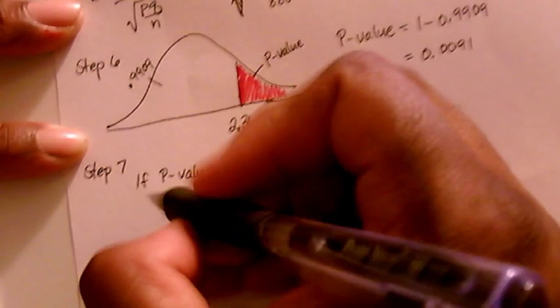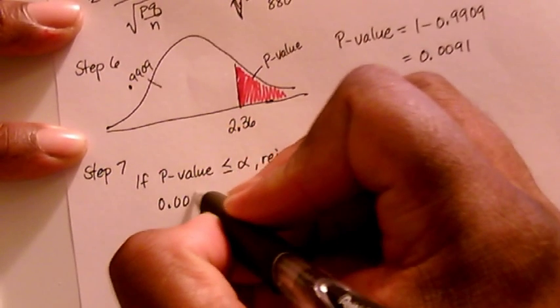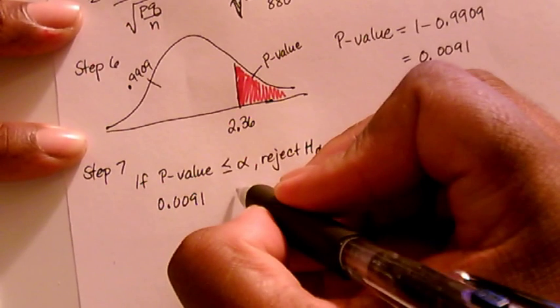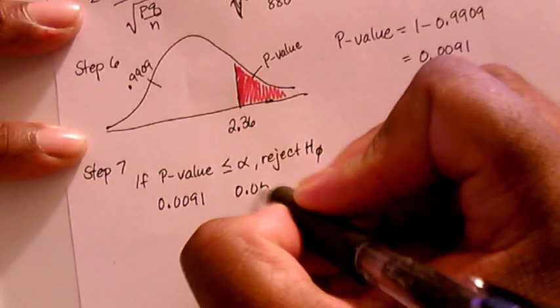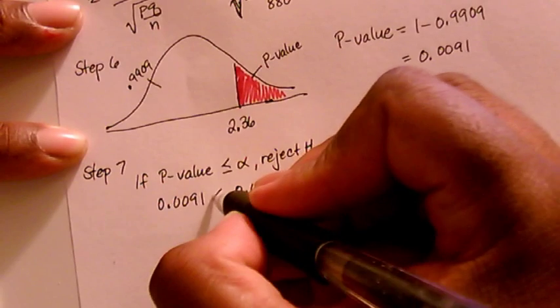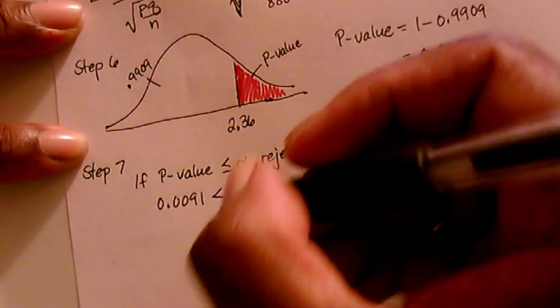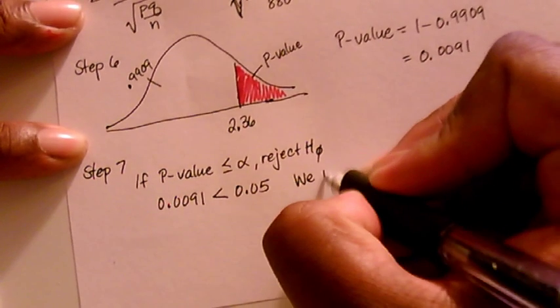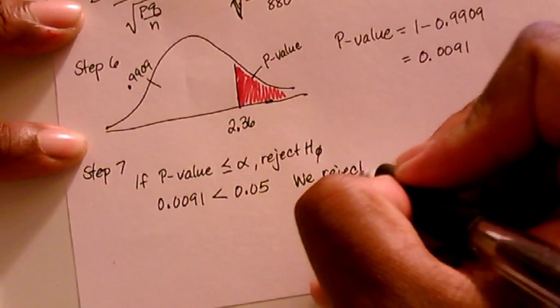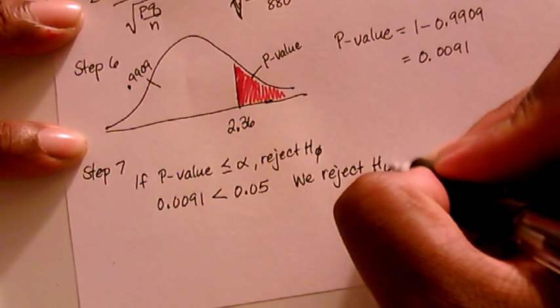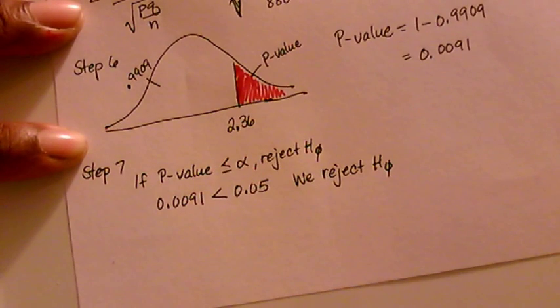And in this case here, compare 0.0091 with our alpha level of 0.05. You see that it is less than 0.05. So here we say we can reject the null hypothesis.